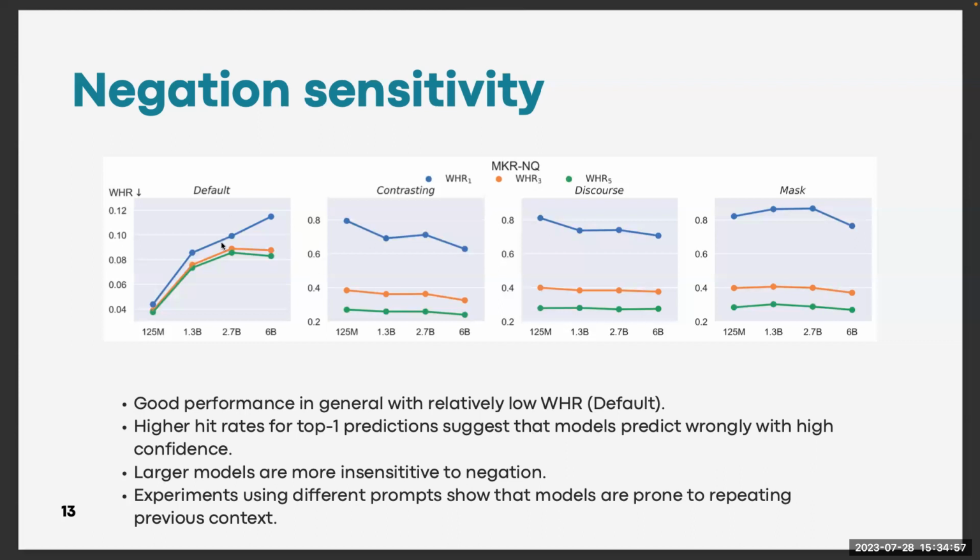Because we have 2 different kinds of tests. For the default prompt, we are trying to see if the model can answer a negative query correctly, and for the other 3, we are trying to see whether the model is distracted by a given previous context.